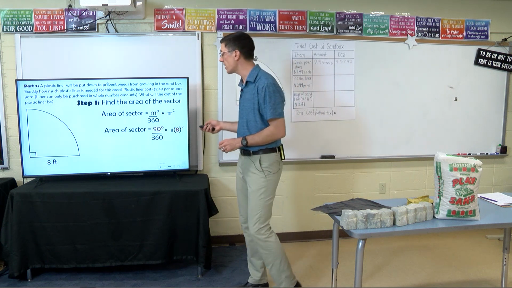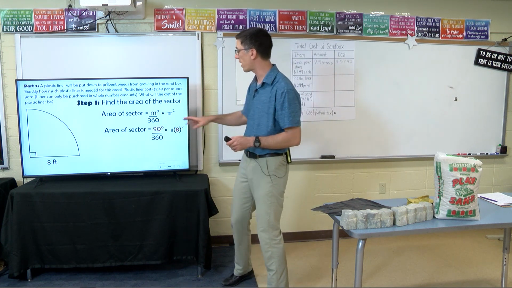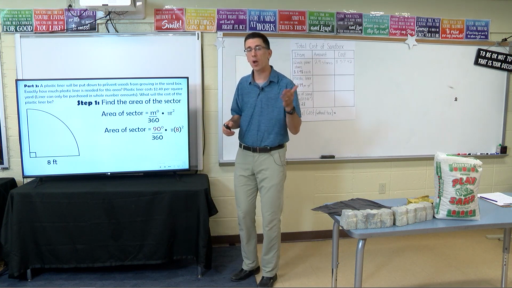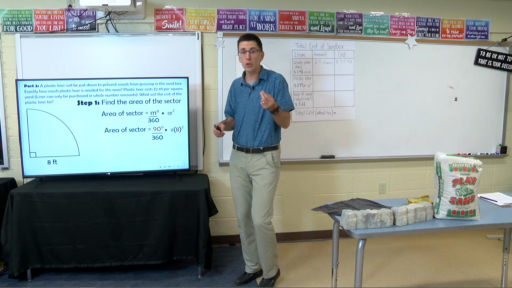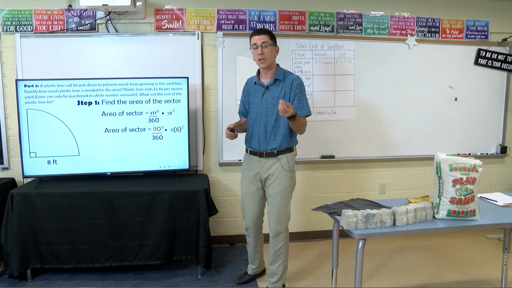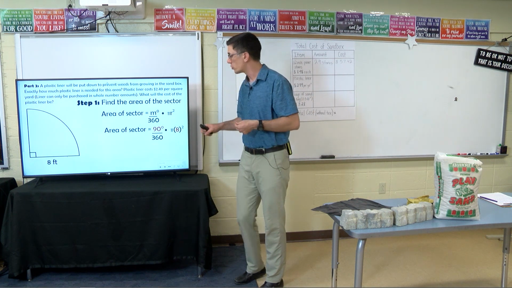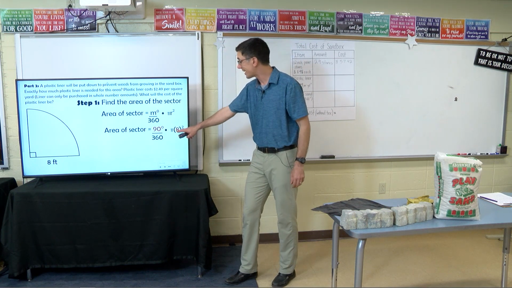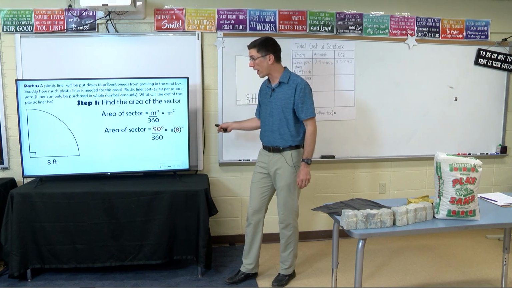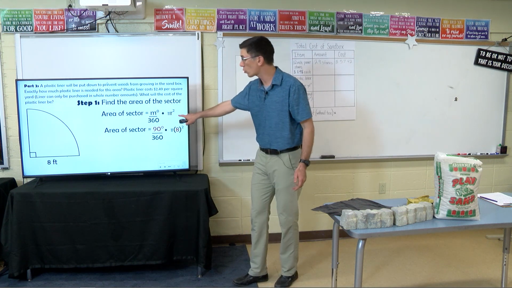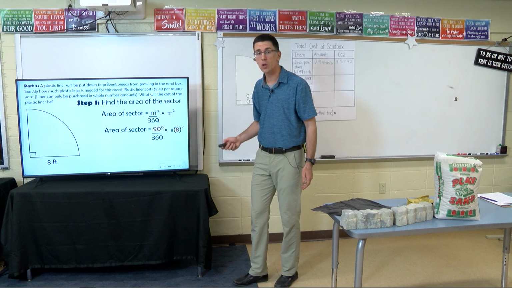So again, this is going to be an area problem where we're going to find the area of this sector. Now, a lot like when we were finding arc length, we're going to take m degrees over 360, and again, that central angle measure and that intercepted arc are both 90. So 90 over 360 times pi times 8 squared, because the radius is 8. Recall that pi r squared is the area formula for a circle.